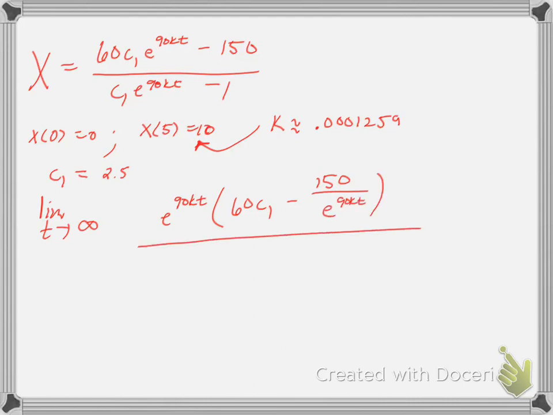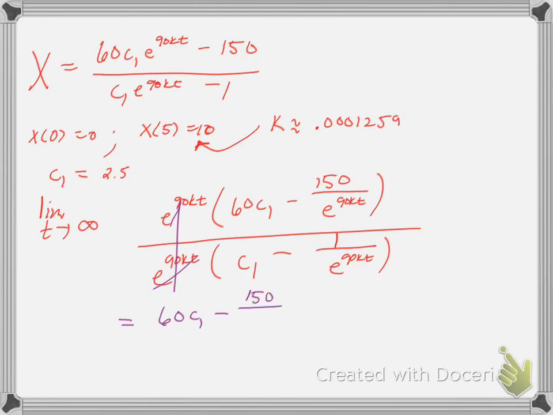Force factor just means it doesn't come out easily necessarily from all the terms, so you have to force it out. And this is nice because these go away, right? And so we're left with (60 c sub 1 minus 150 over e to the 90 kt) over (c sub 1 minus 1 over e to the 90 kt).